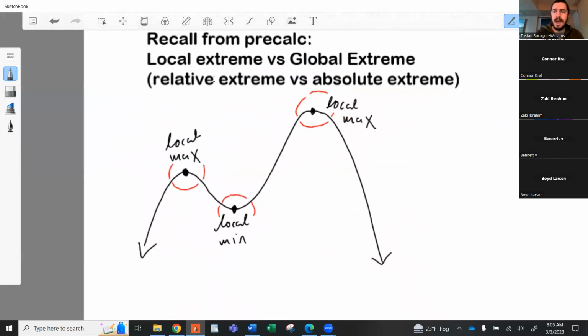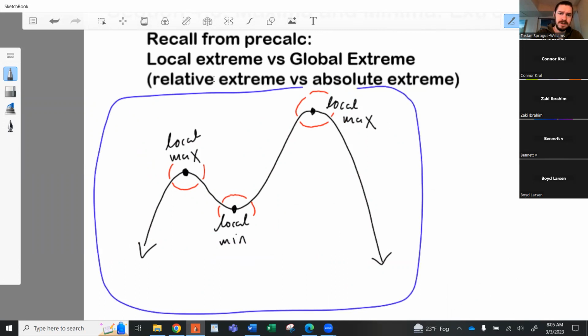But a global extreme needs to take into consideration the entire picture. Okay, so local is red, global is blue. Global is you look at the whole thing. Here's the question. Where is our global maximum?